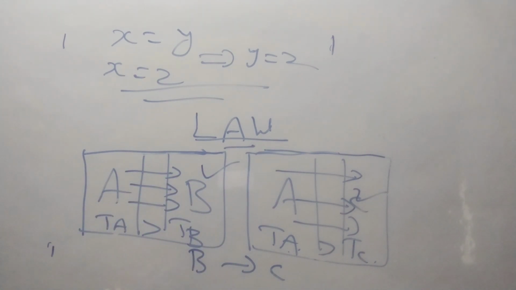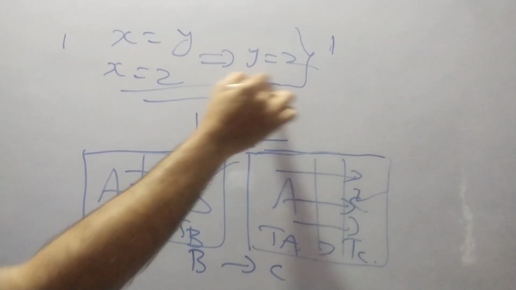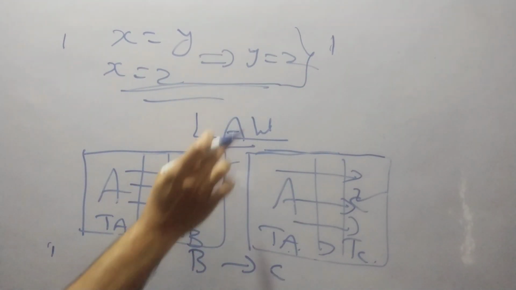B is in thermal equilibrium with C not because of mathematics, but because this is a law.